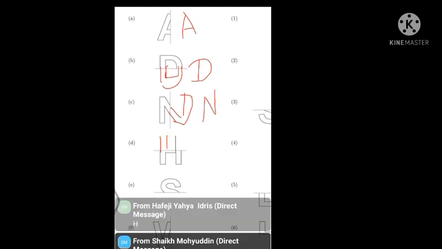Letter D. And if we continue this, this line will continue and like this. So which letter is this? This one is your N. Clear? Then if you continue this, so this one is your H. Which letter? H. Yes or no?